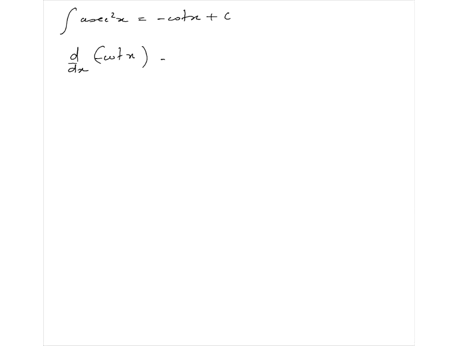Minus coming out, and d dx of cot x, and that would be minus cosec square x. Done. So all of these we are able to get very quickly because we know the results for differentiation.